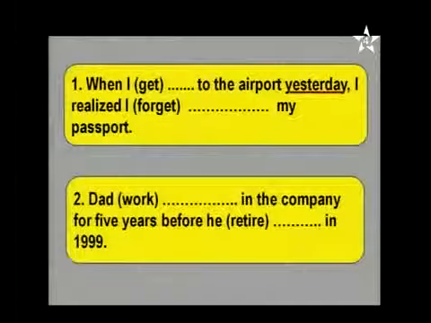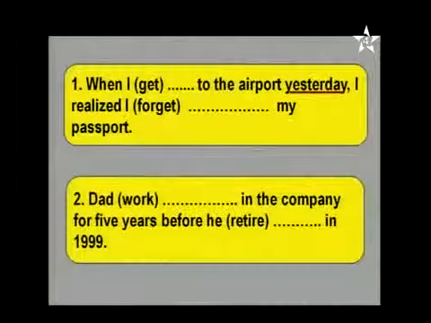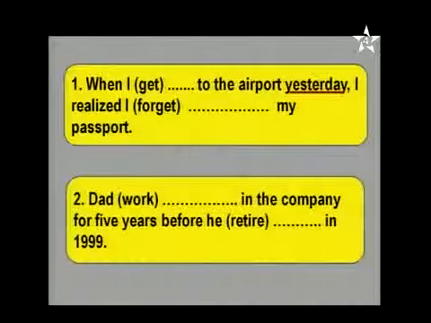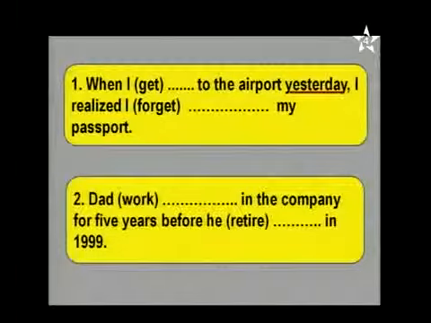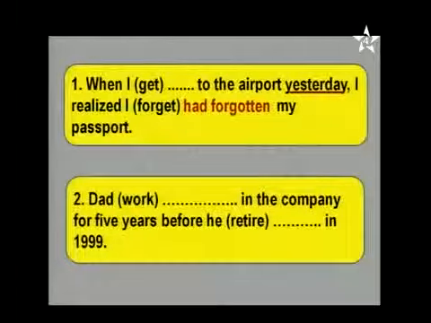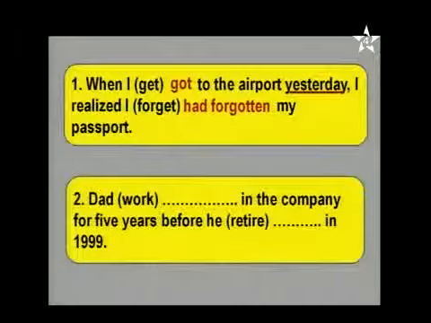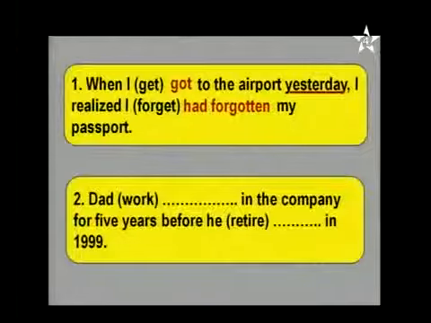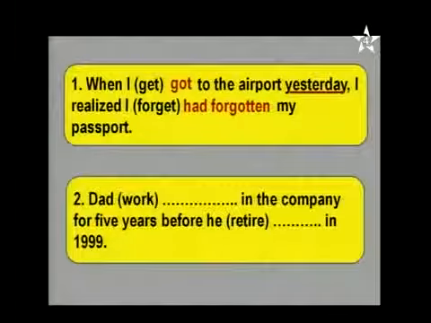So, what is it? When I get to the airport. So, what happened first? Getting to the airport or forgetting the passport? Of course, forgetting the passport is first. So, I had forgotten my passport and then I go to the airport. And the sentence should read, when I got to the airport yesterday, I realized I had forgotten my passport.